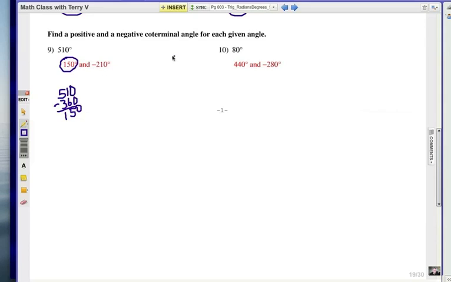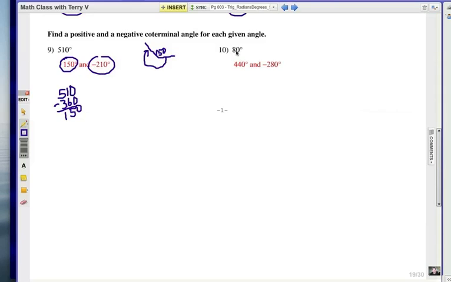So again, if this is your 150 degree angle, all you need to do is subtract what that is from 360, and that will give you the negative version. That's where we get negative 210. Notice how these two, the positive and the negative, add up to, if we ignore the negative sign, 360 degrees.